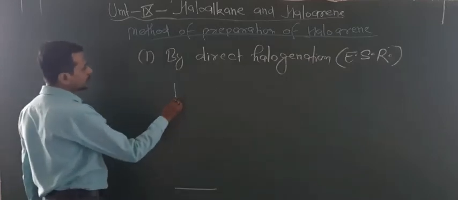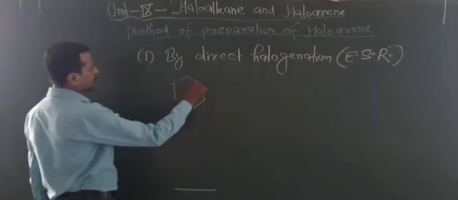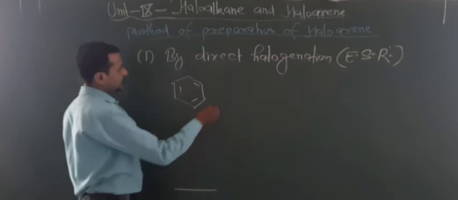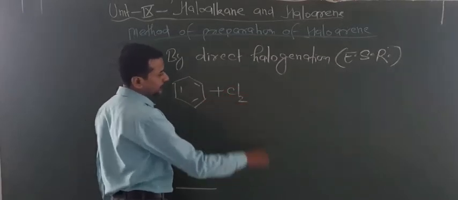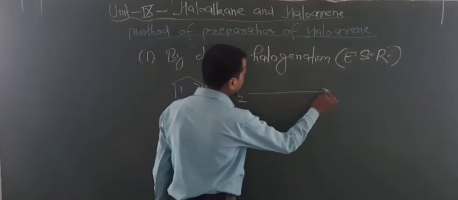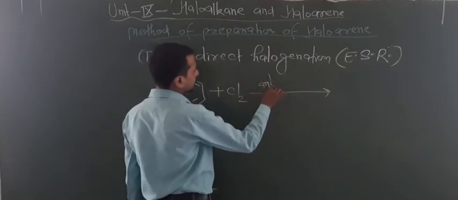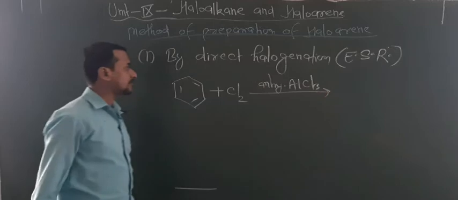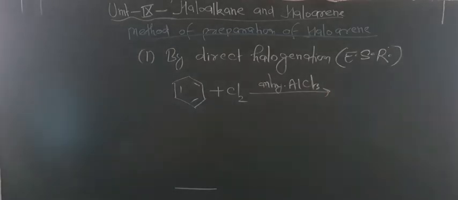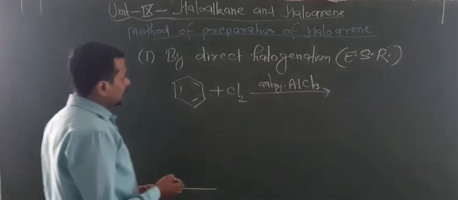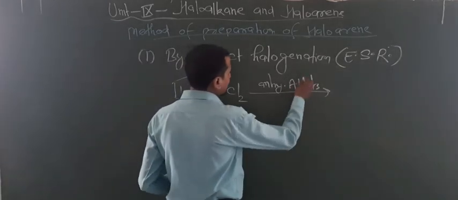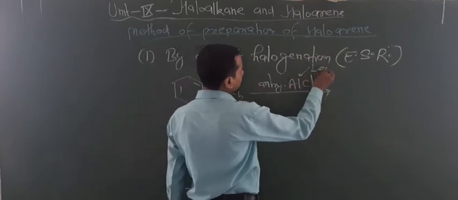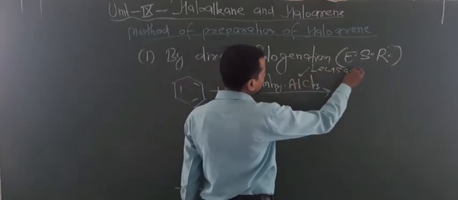So now look at the conditions. Here the benzene ring is given to you. Now this benzene ring reacts with Cl2 in the presence of a catalyst, anhydrous AlCl3. Here anhydrous means it has no water, and you can know that AlCl3 works as a Lewis acid.